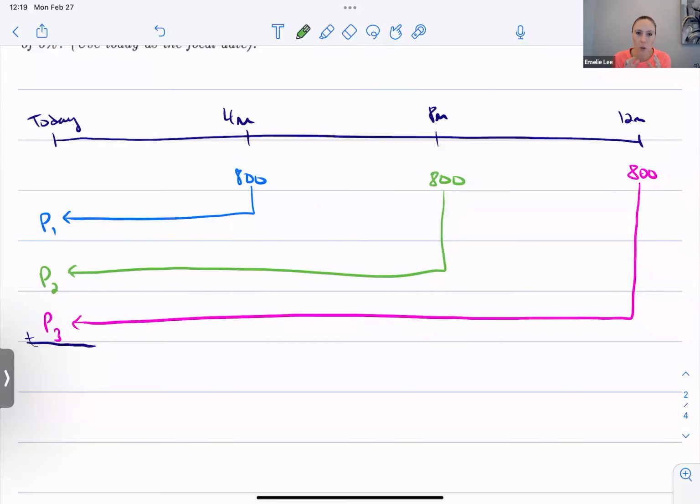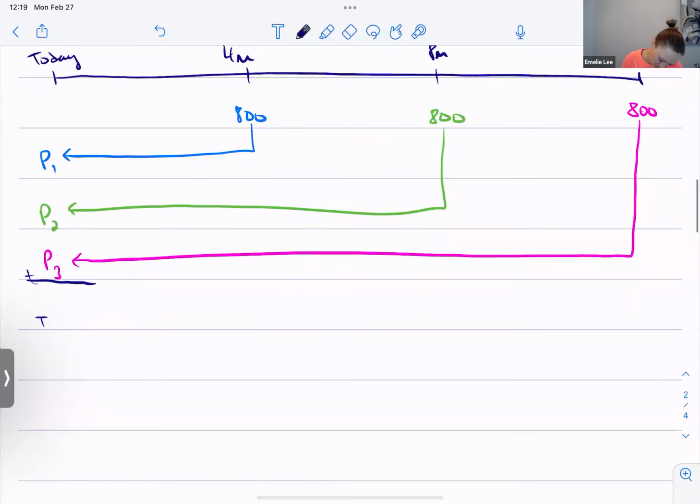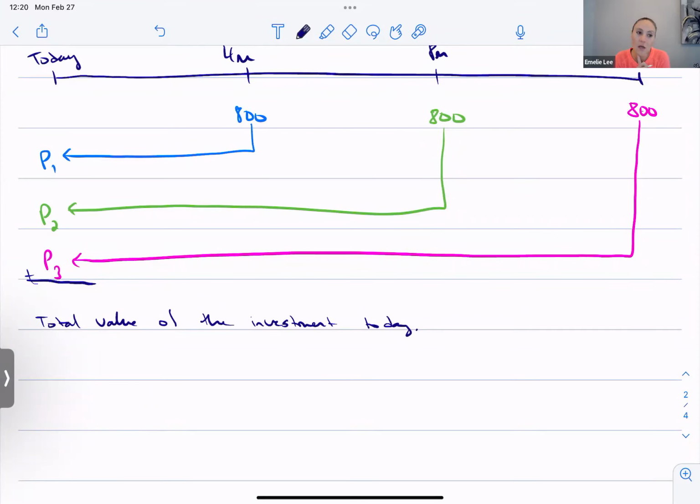The total value today, the maximum that I would be willing to pay today, is P1 plus P2 plus P3. And so this is the total value of the investment today, if I add all of those up.